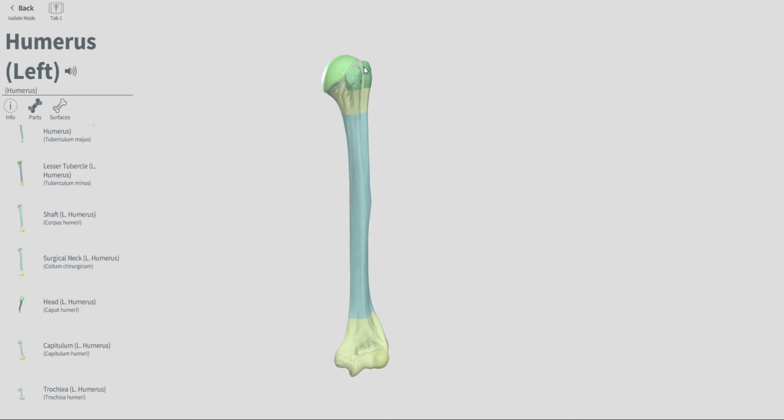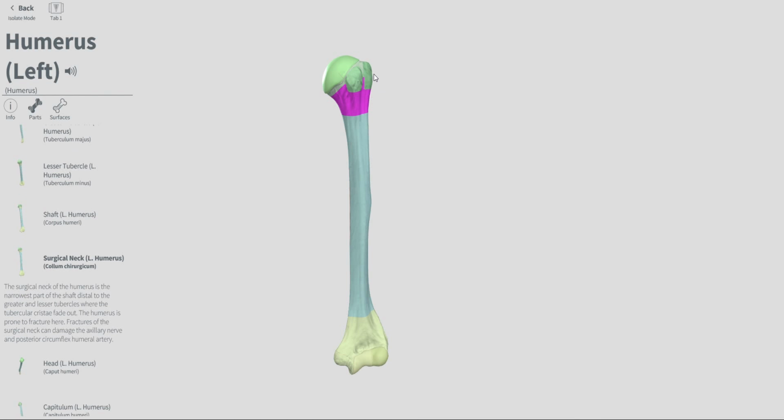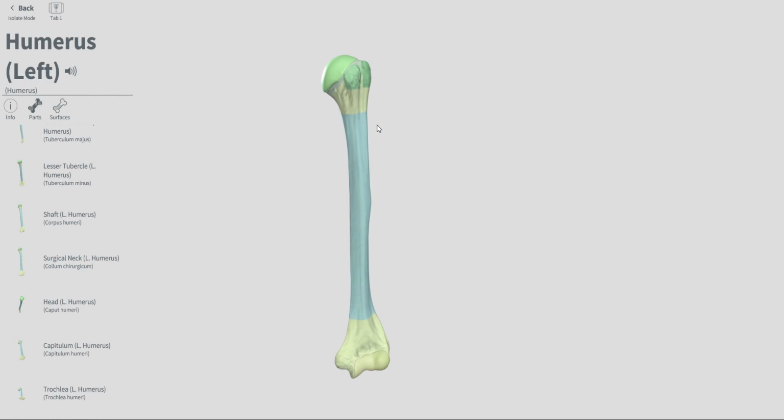This area over here is called the anatomical neck, and the larger area over here is the surgical neck of the humerus. The surgical neck is very important when you consider surgery, because it's a fragile point and also a common point of fracture.